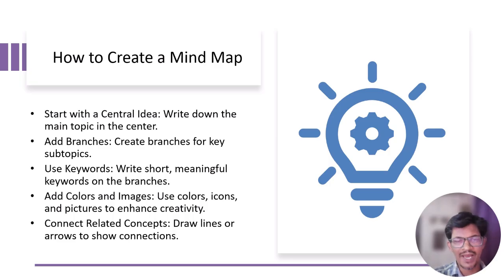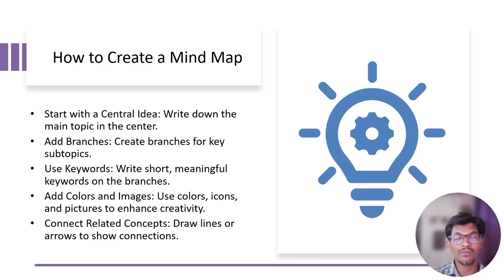Then we need to add some colors and images so that it looks good, right? By using some icons or colors, each subtopic can be colored in a different manner. Like that, we need to add some colors, icons and pictures so that we can enhance the creativity of this mind map.